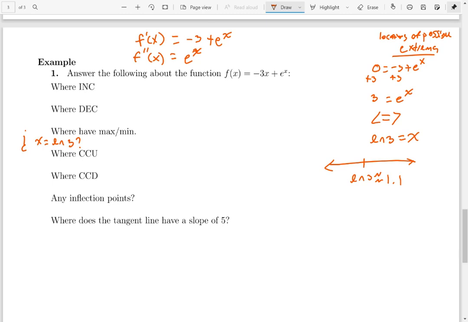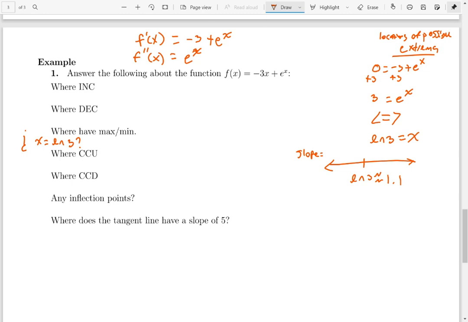I'm going to plug it back into my first derivative to figure out if I get positive slopes or negative slopes. Because if I can figure out if we have increasing or decreasing slopes, then I'll know if this is a maximum or a minimum, and I'll also know where this function is increasing and decreasing.